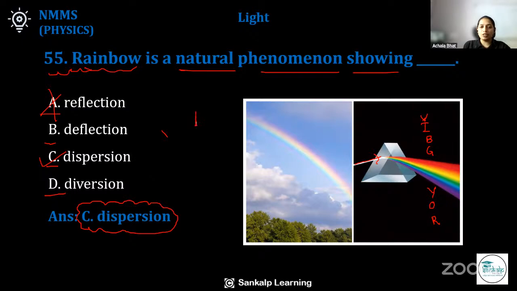If light passes through a sharp edge, then it turns aside or changes its path, direction or focus. That is called deflection of light. Then diversion is wrong. Therefore, the correct option is option C, dispersion.